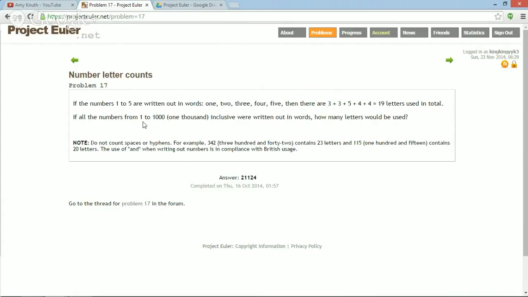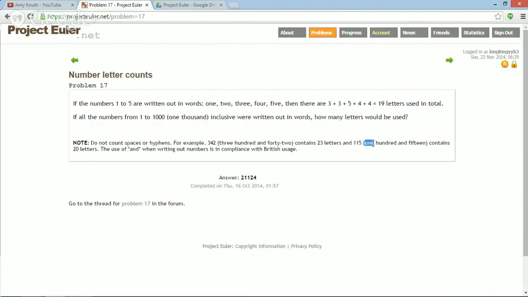There's a small note down there: do not count spaces or hyphens, which means that when you count 1000, you don't need to count the space between the words. For example, 342 contains 23 letters and 115 contains 20 letters.